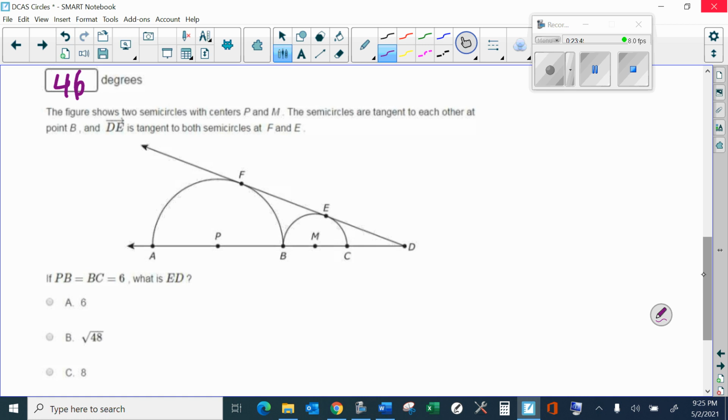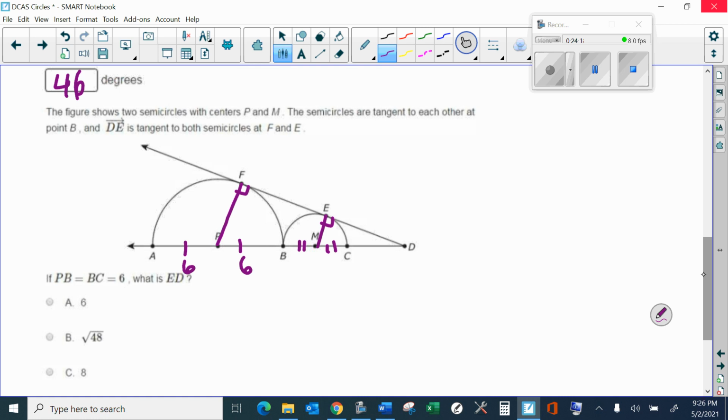The semicircles are tangent to each other. So don't forget that's 90 degrees right there. We know that equals that. We know this equals this. If PB is 6, that makes this 6.